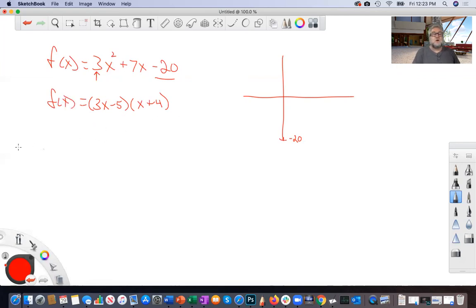And again, if I want the y-intercept, I set x equal to 0. And when I set x equal to 0, we just get minus 20, like I said. Okay, for the x-intercept, sorry, we set y equal to 0. Okay, so I put a 0 here.